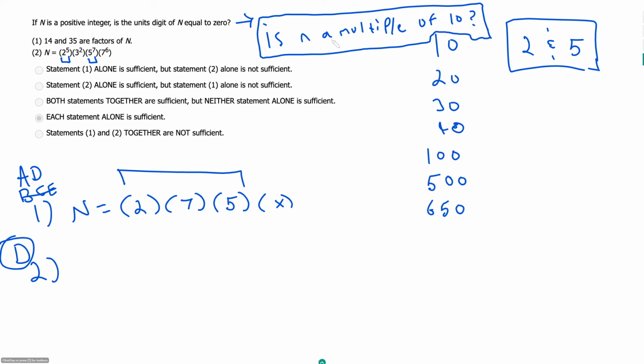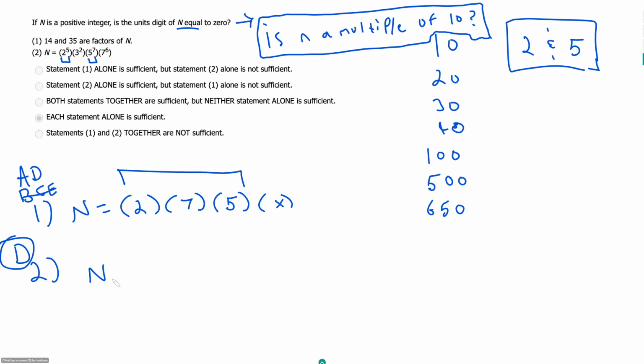Another way you can think of this, if you don't rephrase your question in terms of, is n a multiple of 10? Well, if all you're looking for is the units digit of n, then you should only care about the units digit of each of its factors, or each of these terms here. And so 2 to the 5th is 32, which has a units digit of 2.